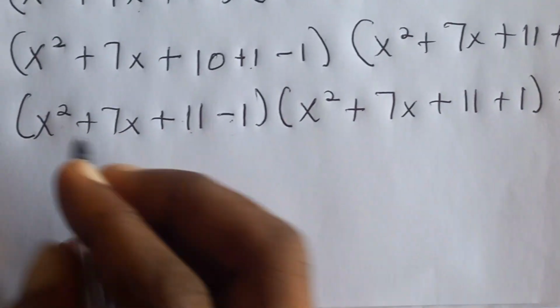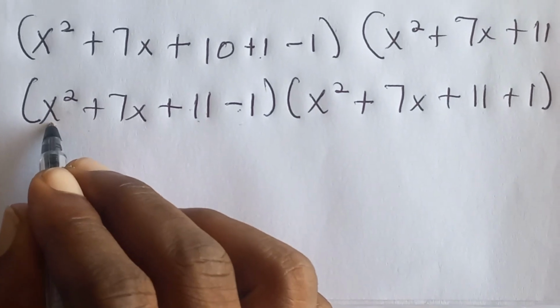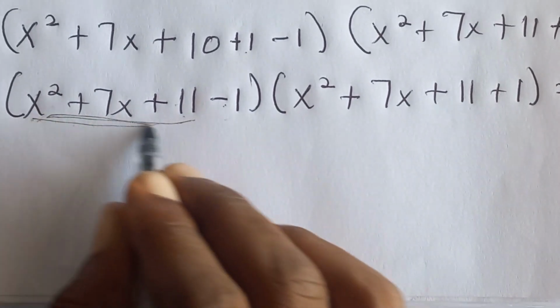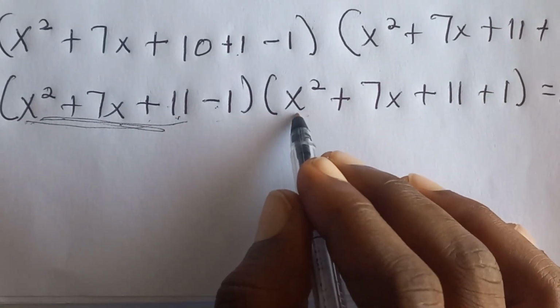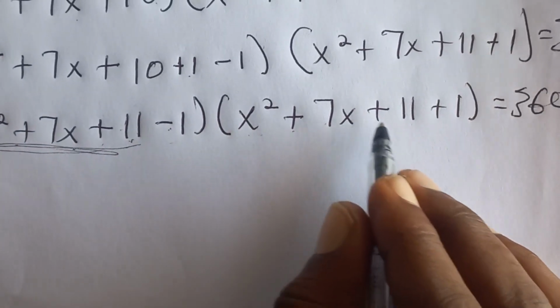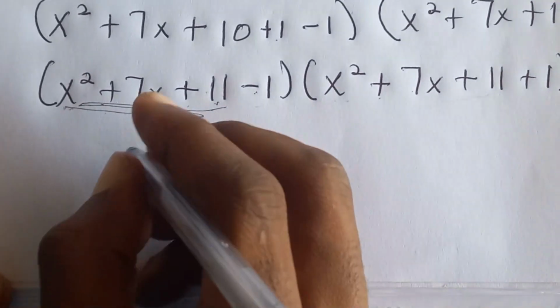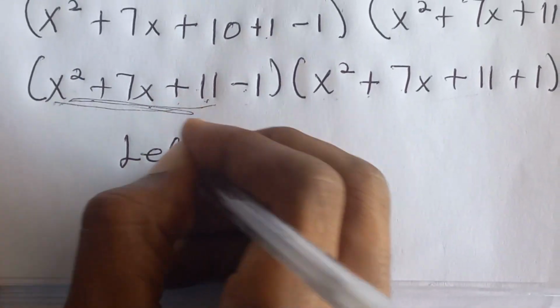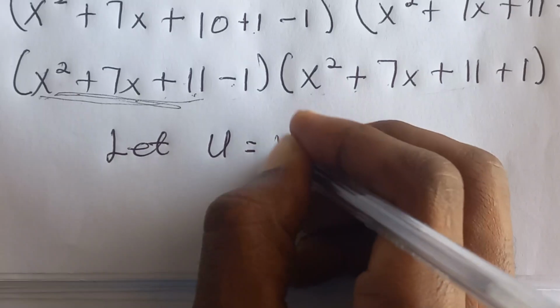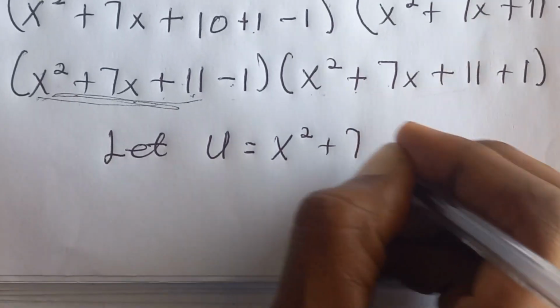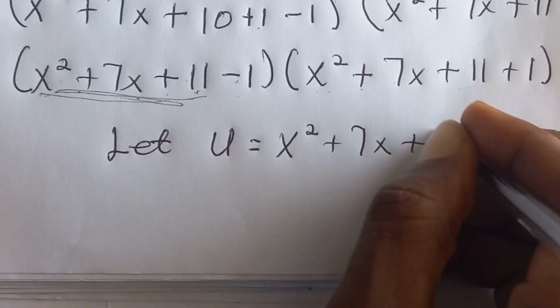Now, you see that we have this 10 here. x squared plus 7x plus 11 is the same as x squared plus 7x plus 11 here. So we say, let u be equal to x squared plus 7x plus 11.